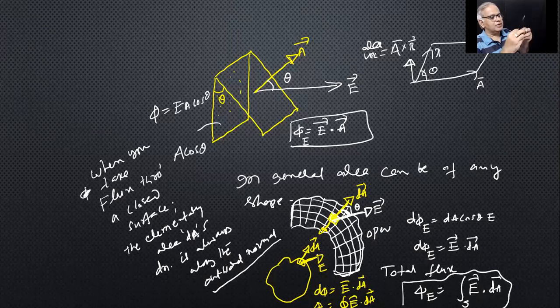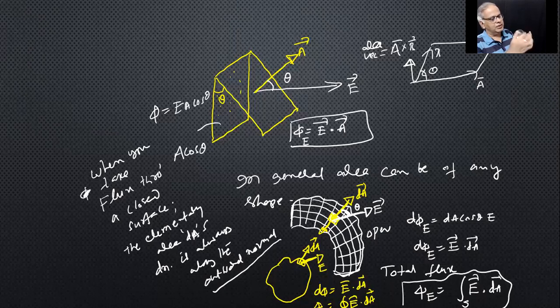Now close the surface. Close from all the sides, this side, that side. For example, this is a hemisphere. If I have one more hemisphere this side, that will be closed. So I cannot take the area inside. This is dA.